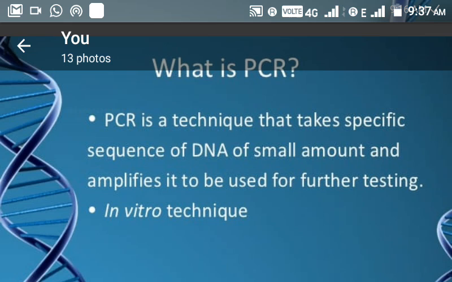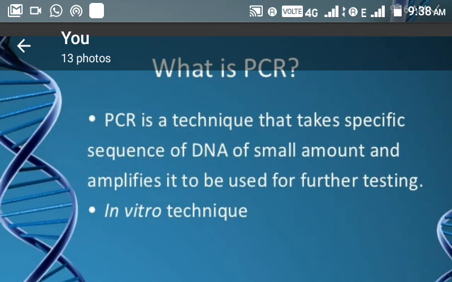Students, try to understand that PCR is a technique used to amplify a large amount of DNA, that is, the template. Again I am emphasizing, in cloning you need a large amount of template.